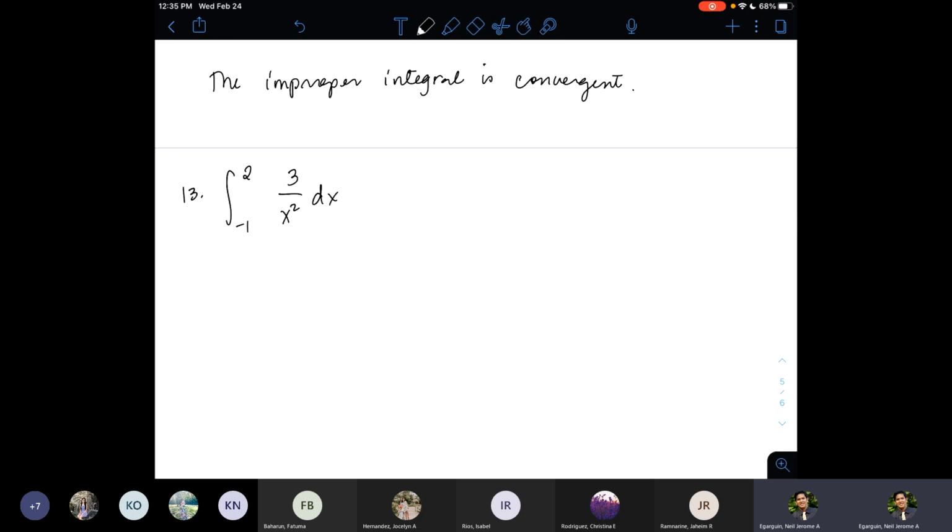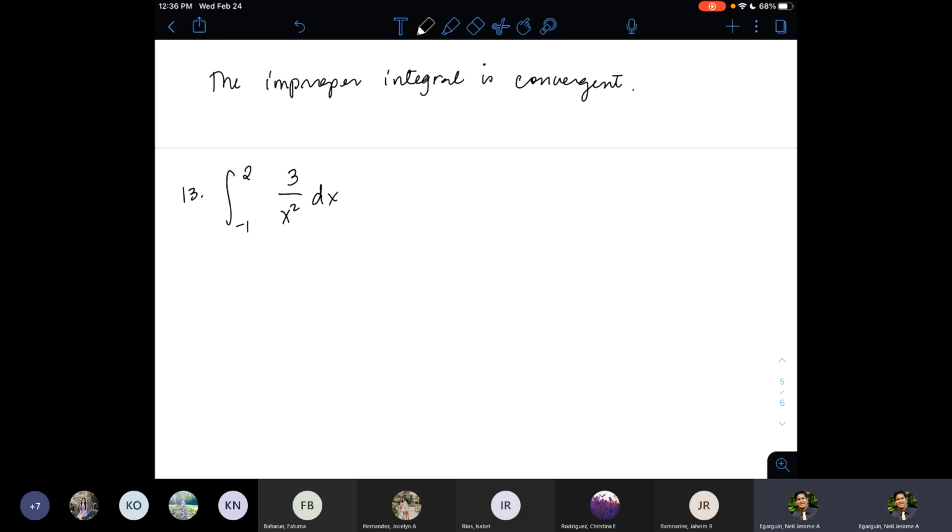The integrand is a rational function. So we know rational functions are discontinuous when the denominator becomes 0. And the denominator here becomes 0 when x is equal to 0, which unfortunately is in the interval of integration, right? The interval of integration is from -1 to 2. 0 is in there, so that means it is improper.